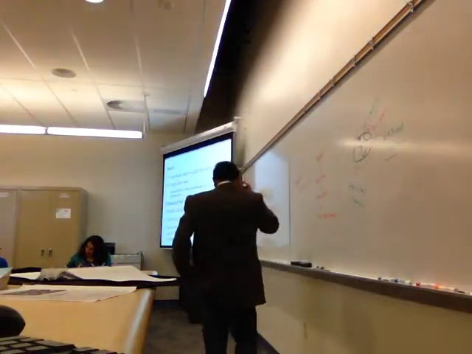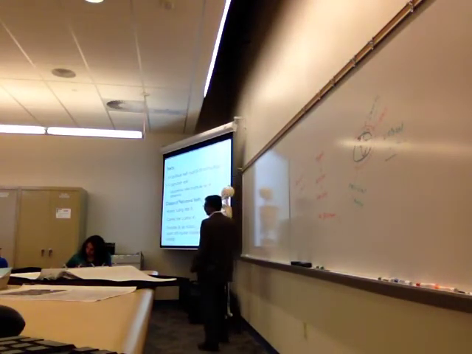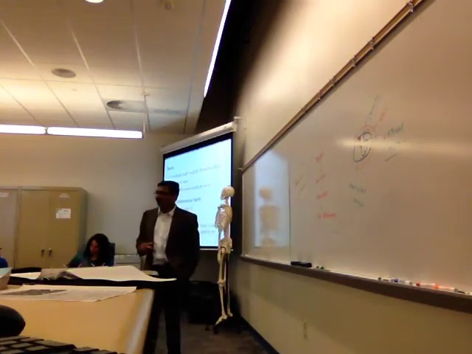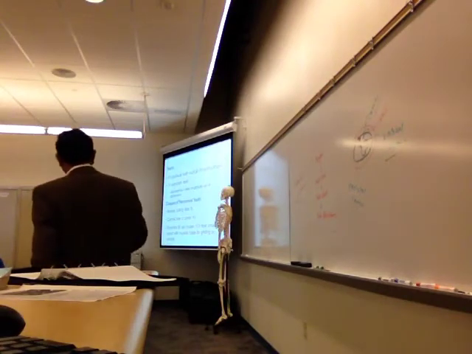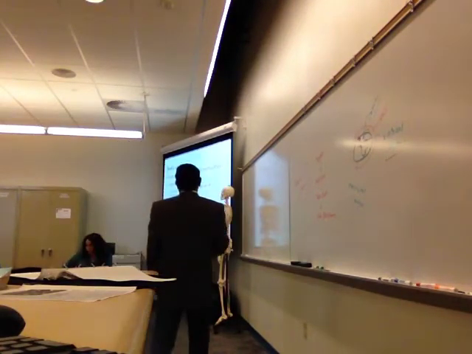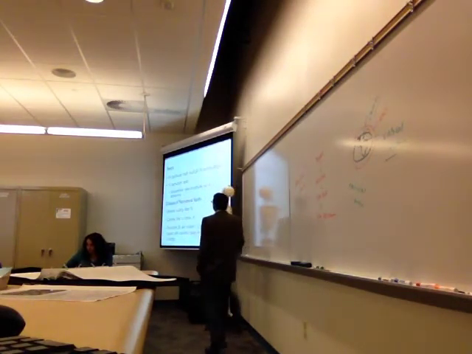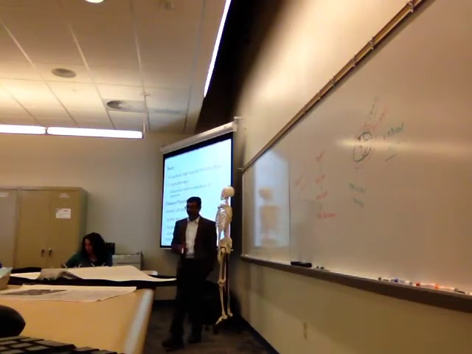Okay, now inside the mouth we have teeth. The number of teeth is different in early life and late life. At age of 6 to 24 months, we get 20 deciduous teeth.